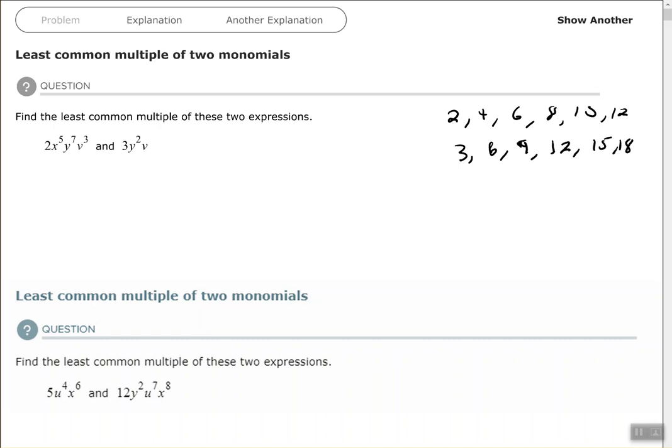So we want to find the least common multiple, the smallest multiple that they have in common, which is 6. The first multiple that they have in common is probably the best way to look at it. The first multiple that they have in common is 6.